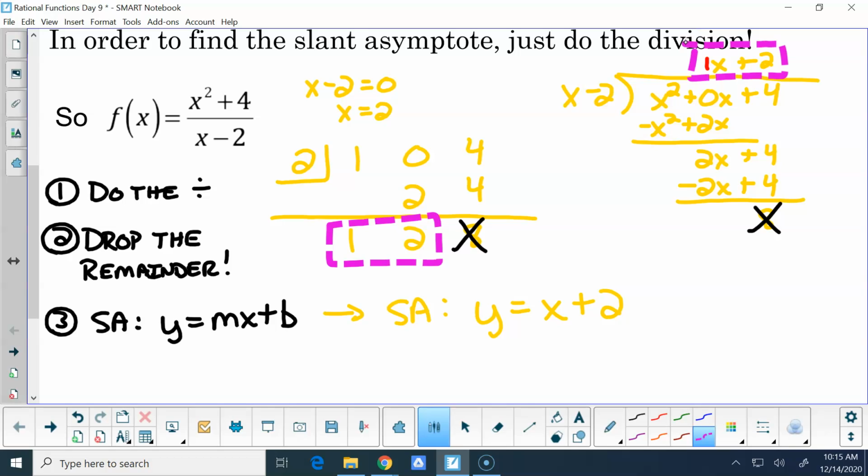Now, when it comes to the graph, it's an asymptote. So how do we put it onto the graph? It's a line, right? Because it's linear. Asymptotes are lines. But how do we physically put it on our graph?